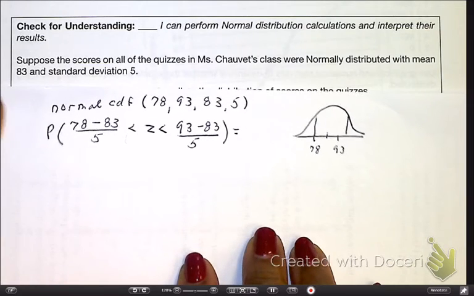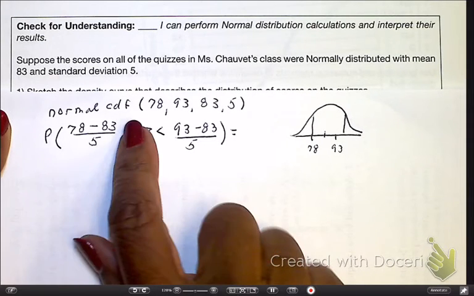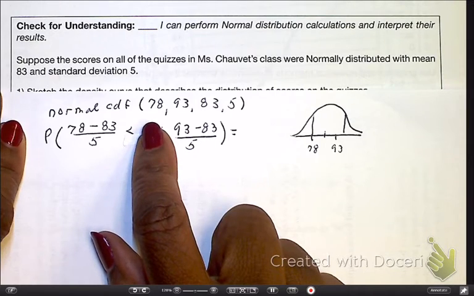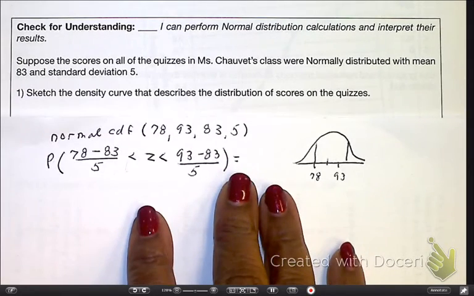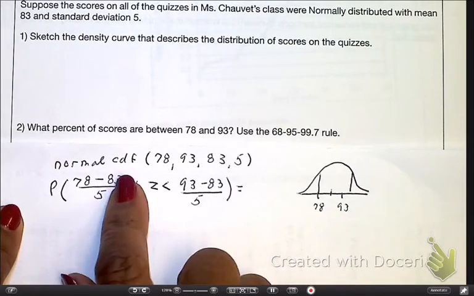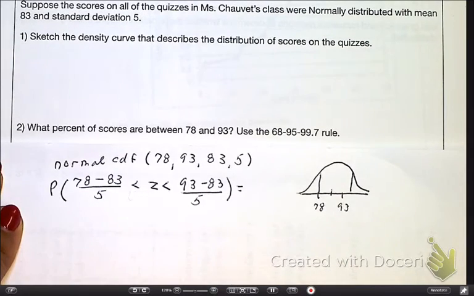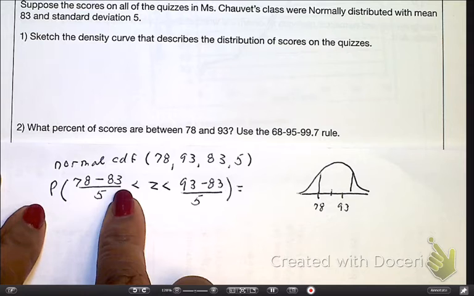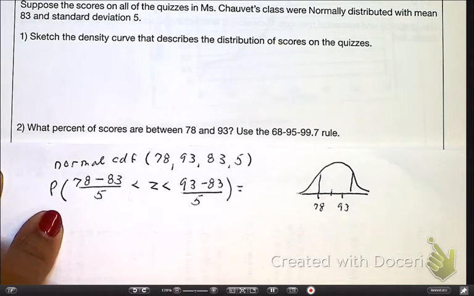Here's your formula, and remember, you're using normal CDF because they're asking what percent. If it says what percent, what proportion, that's when we use normal CDF. So you just take it and plug it in, and eventually your answer is going to be 81.5%.